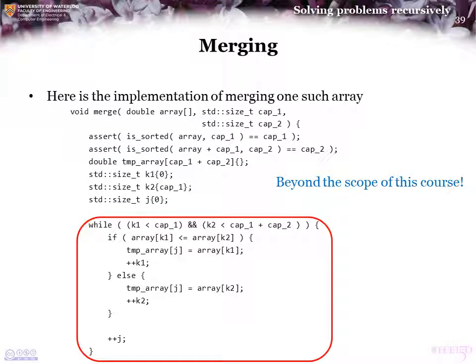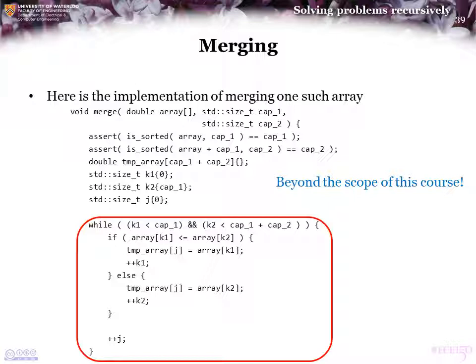Now, while the first index is within the range of the first half of the array that's sorted and the second index is within the range of the second half of the array that is sorted, we will find the smaller of the two entries and copy it over to the temporary array at location j.